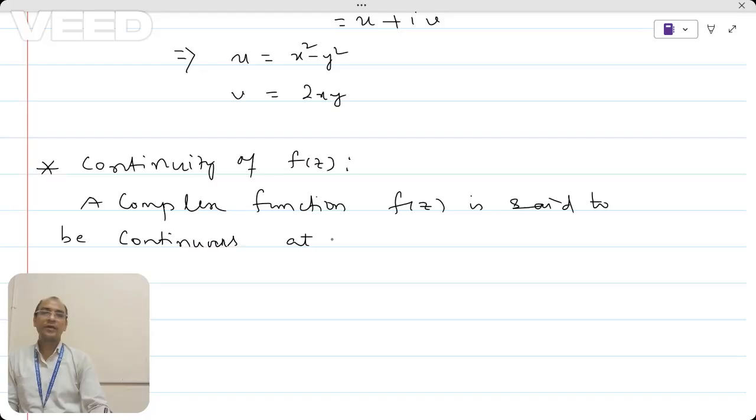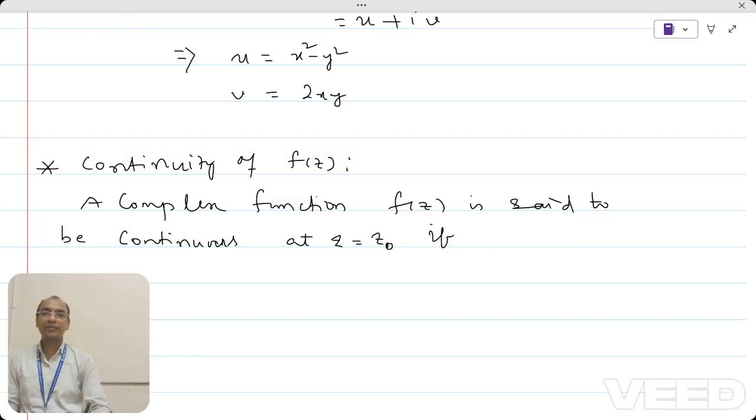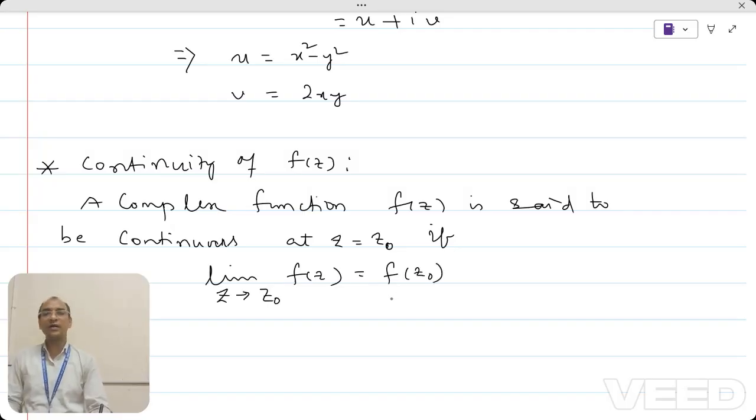at z equal to z naught, a particular point, if limit z tends to z naught, f of z should be equal to the value of the function f at z naught.